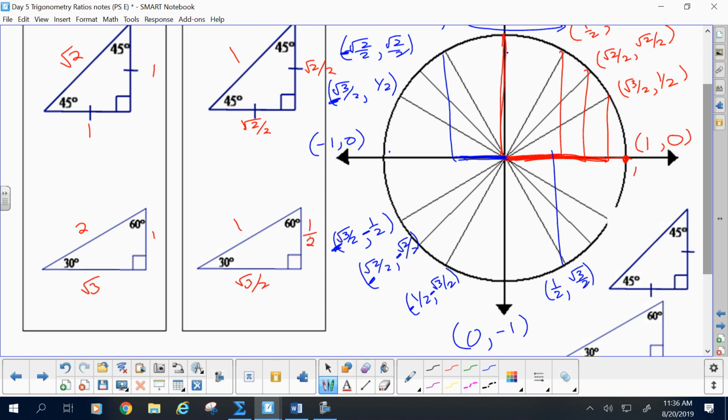Positive x, negative y. What is the next point you come to? Root 2 over 2 in both cases, and the signs are positive, negative. And here, root 3 over 2 is the longer side, x is the longer side, y is the shorter side, and the sign again is negative y.